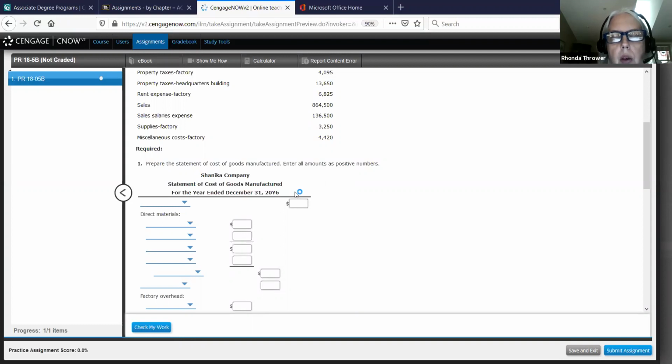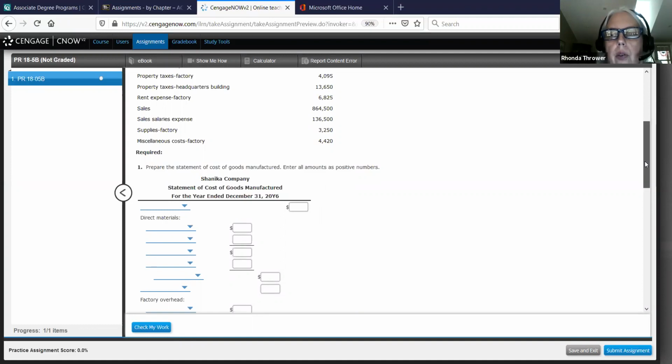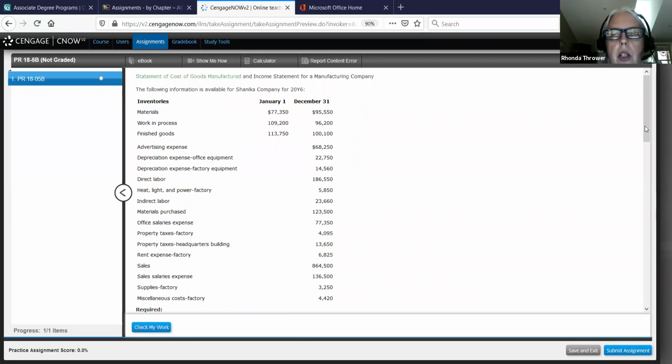They will also include cost of work in process in order to find the total cost of goods manufactured. So they've given you a list of accounts, and some of these have beginning and ending balances. So we probably need to talk about those.